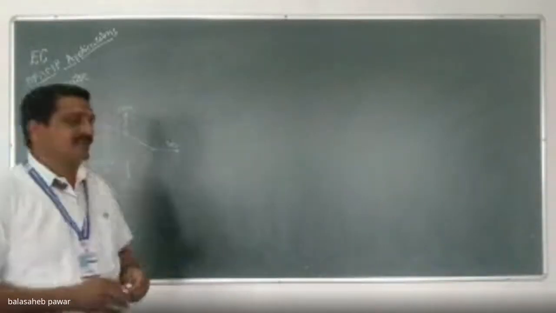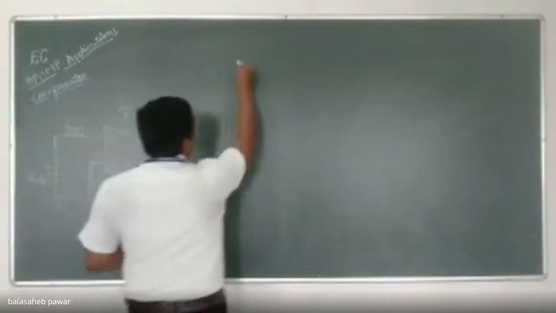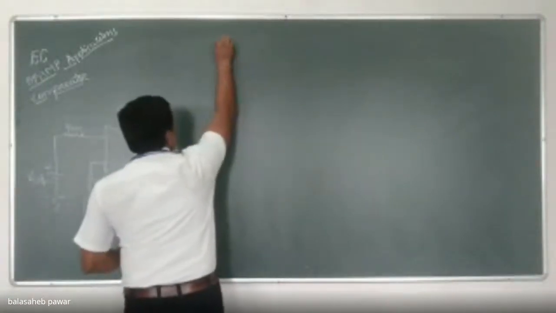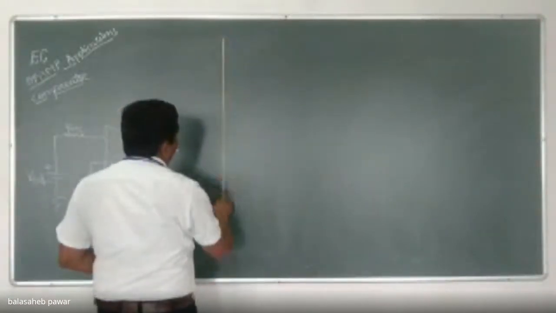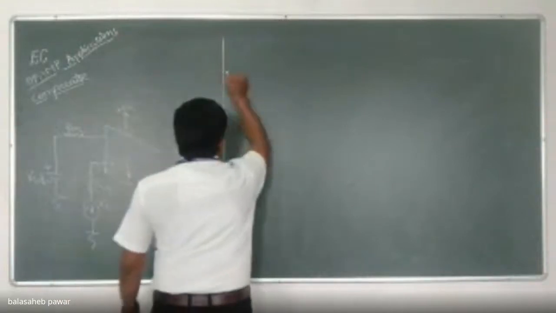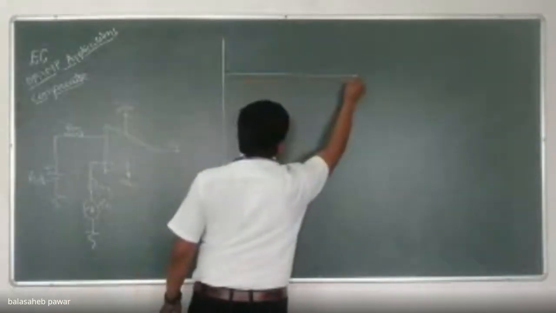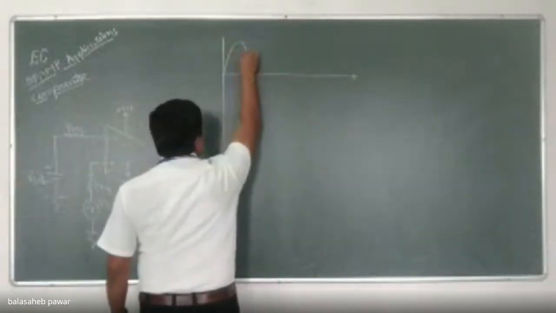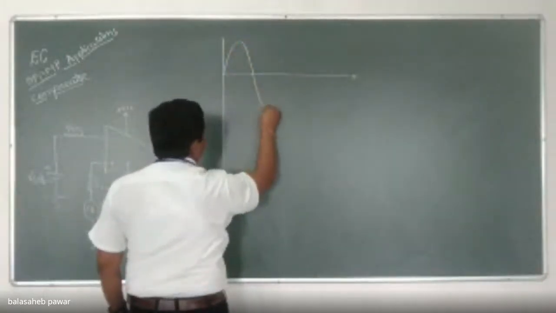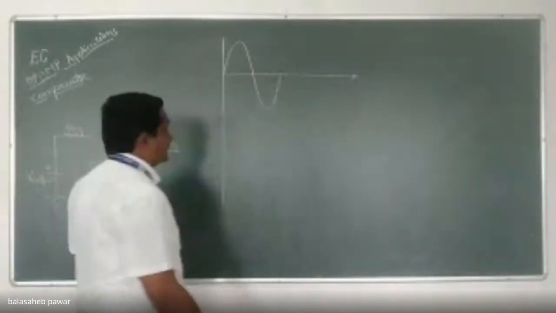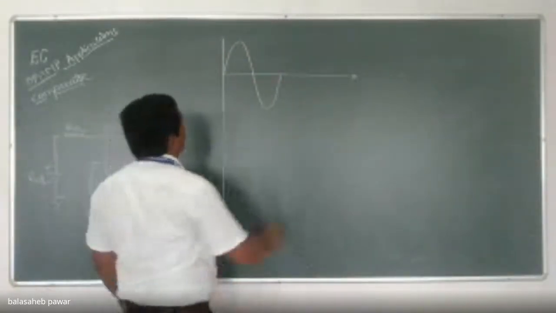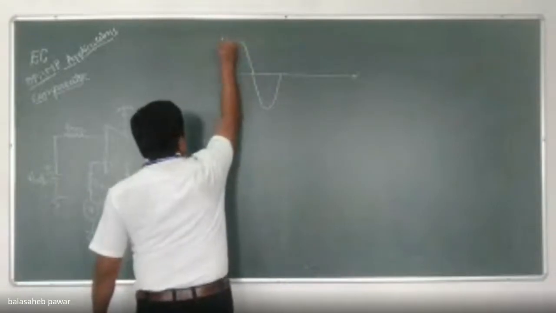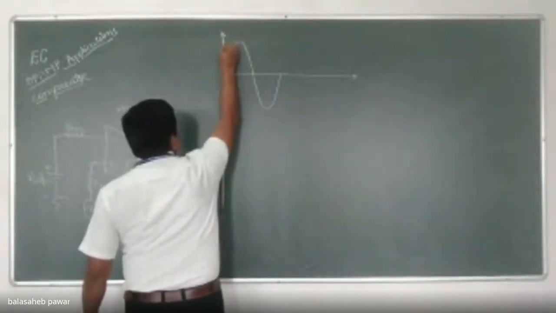Working is so simple. To understand the working of this comparator, I will show the two signals and accordingly what will be the output of that circuit. So this is nothing but our V in. I consider V in as a sinusoidal signal having its peak amplitude as Vp.